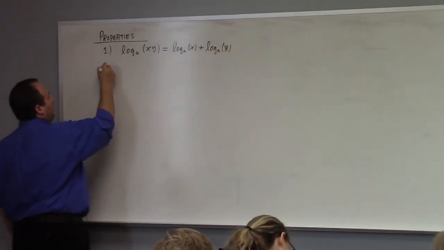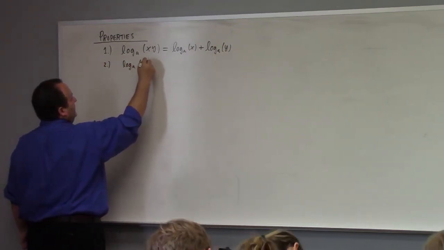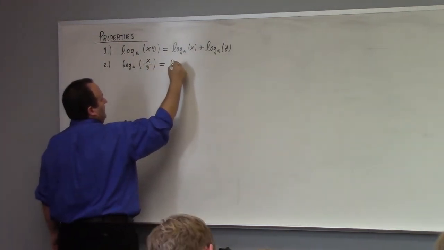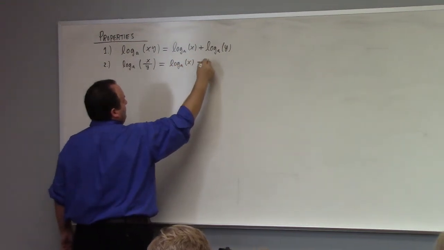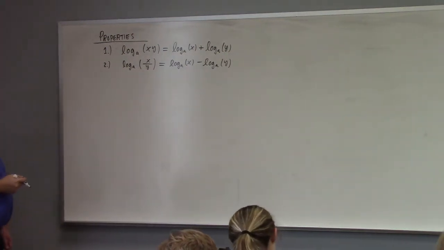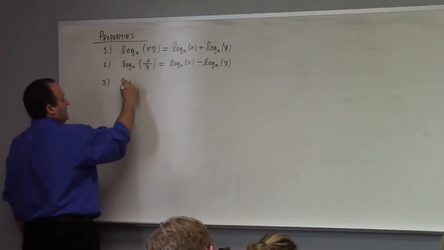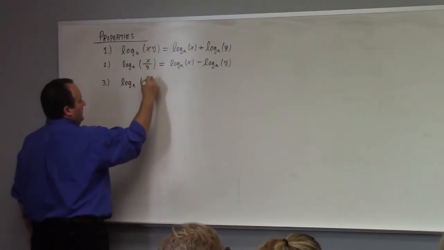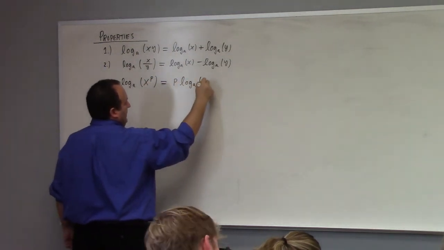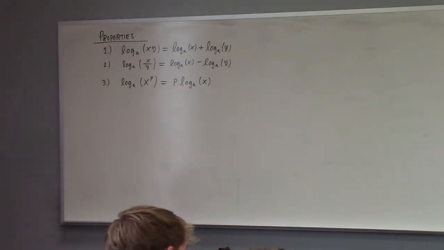Property number 2: log base a of x over y is log base a of x minus log base a of y. And then there's another one, 3: log base a of x to the power p gives us p times the log base a of x.